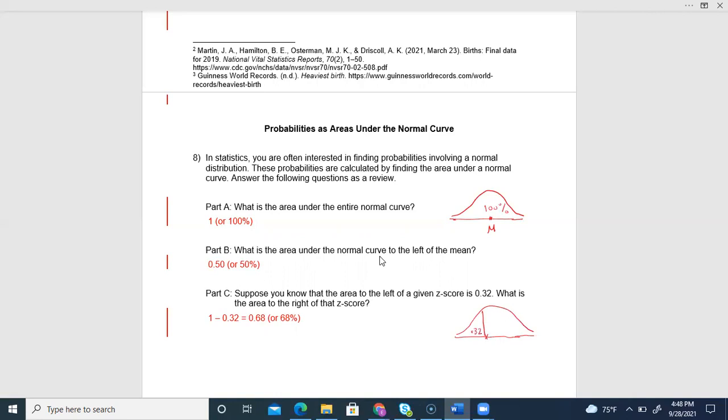Since we know the left area, I can get the right area. To get it, you subtract 0.32 from 1. So 1 minus 0.32, and the answer is 0.68.